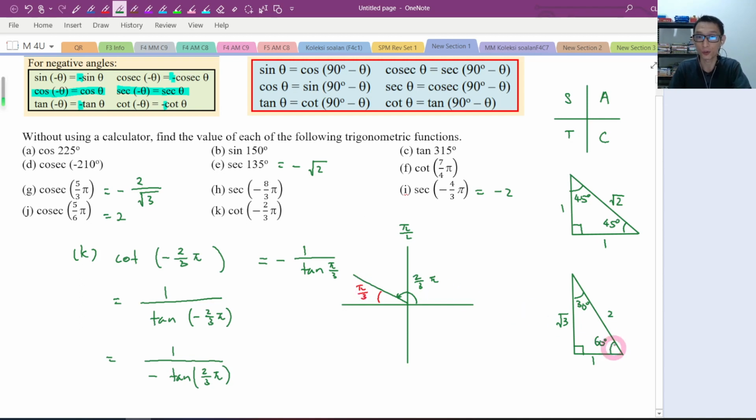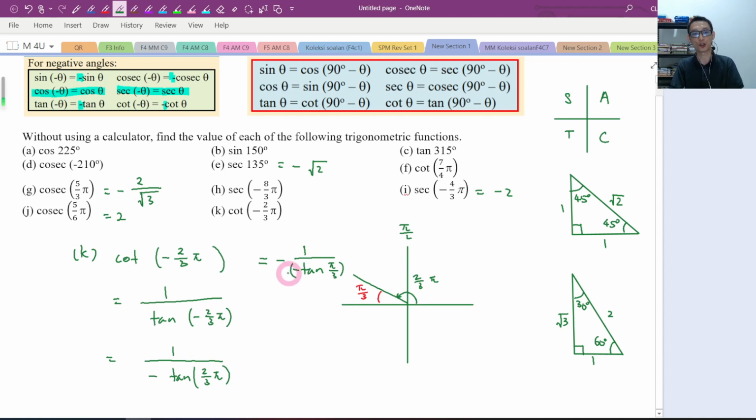So we are going to use this triangle to help us get the answer. Now we already changed it to reference angle. Next thing we need to think, should we add a negative? Yes, this is sine, right? This is in the quadrant of sine. Sine positive, the rest will be negative. So this is negative.